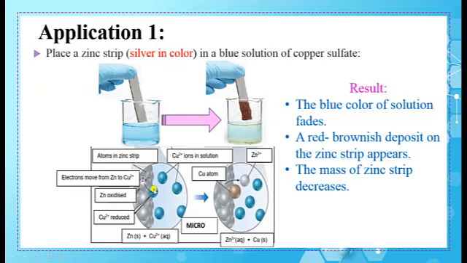This Cu2+ ion with the 2 electrons will change into a Cu atom, which will deposit on the zinc strip. Then we can say that Zn and Cu2+ will give Zn2+ and Cu.